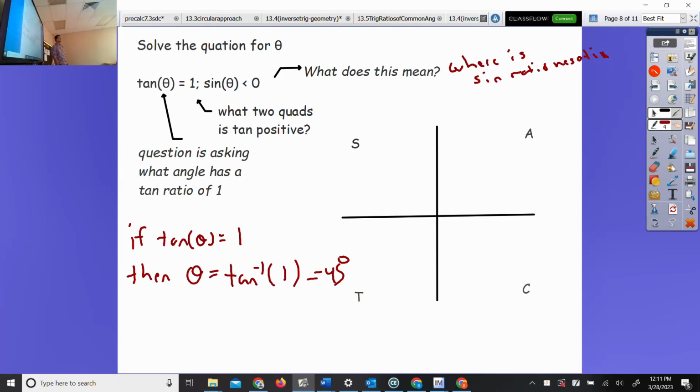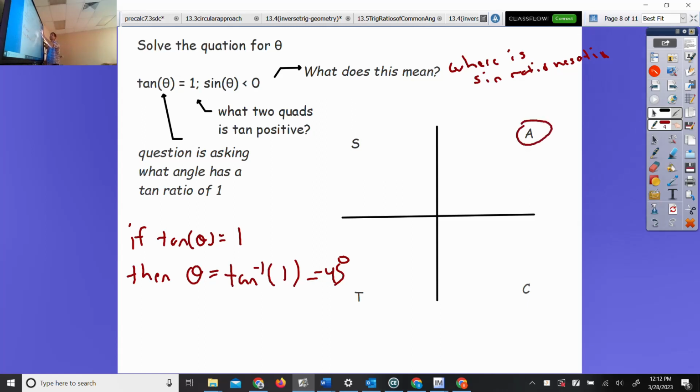There's a little more to it, too. The tangent ratio was 1. It was a positive 1. So in addition to knowing where the sine ratio is negative, you also have to know where this tangent ratio is positive. So let's start there. In what two quadrants is a tangent ratio positive? Not 1 and 2.